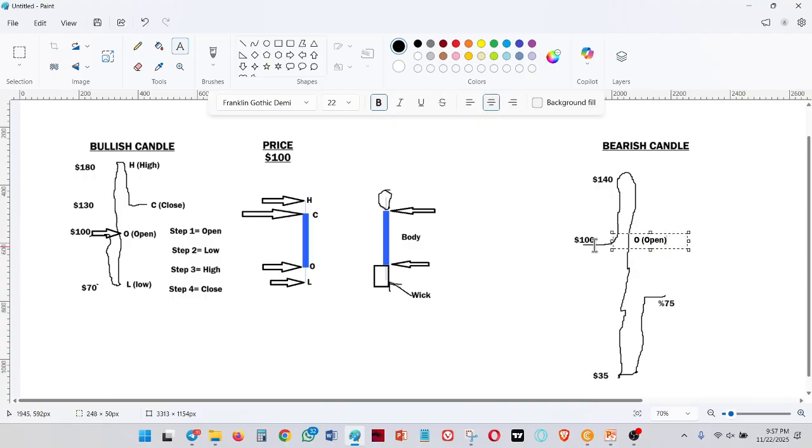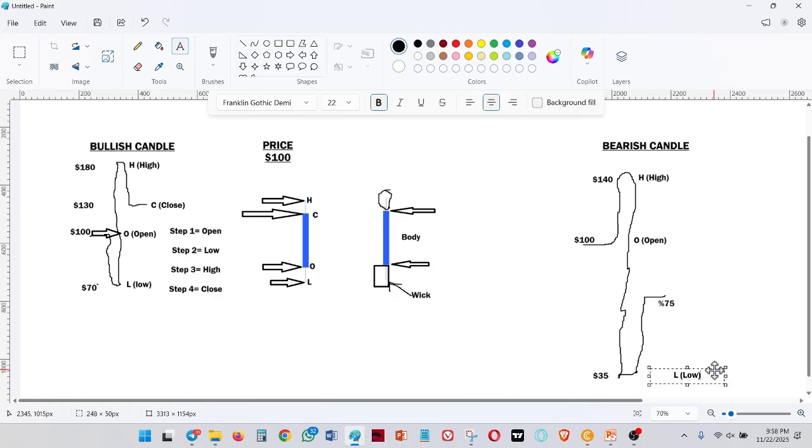Here at $100. Then what happened? We have our high. H for high. We had our high at $140. Then what happened next? We came down and we had our L. L for low.